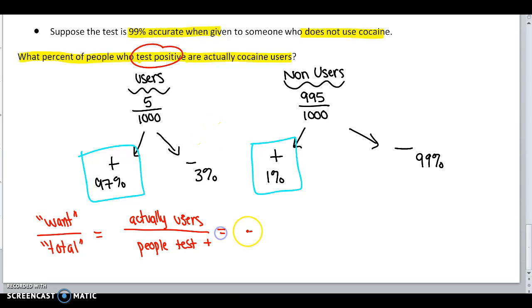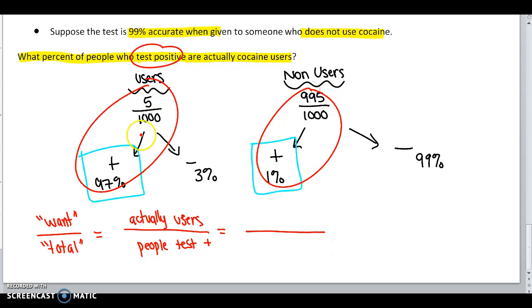So to actually put our numbers in, there are two cases where people test positive. I'm going to start with the denominator. There's this case and this case. So the first one, 97% of users who use cocaine test positive. So it's not just 97%, but it's 97% of this. So the way we find that is we multiply 97% by that 5 over 1,000, because 97% of them use.